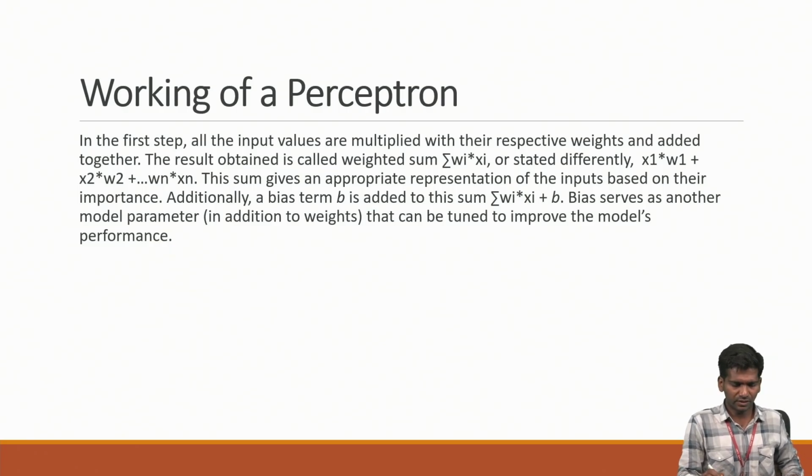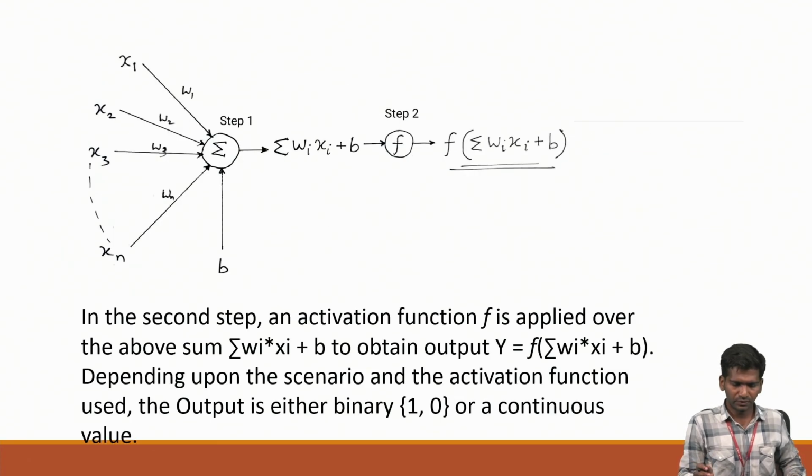You can see it here. What is the first step? In the first step, the inputs and weights are summed up. In the next step, finally, we get the summation of xi wi or wi xi. We can write either. We can add bias also. It's an option.